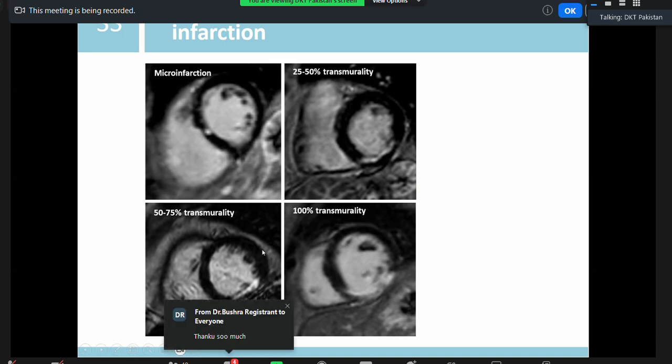If it is more than 50%, we call it non-viable myocardium. There will be no use of doing catheter angiography because it is non-viable. There is more dead tissue in that myocardium. So if it is more than 50% enhancement on the post-contrast sequences, this is the importance of the contrast enhancement and how transmurality can change the management of the patient.